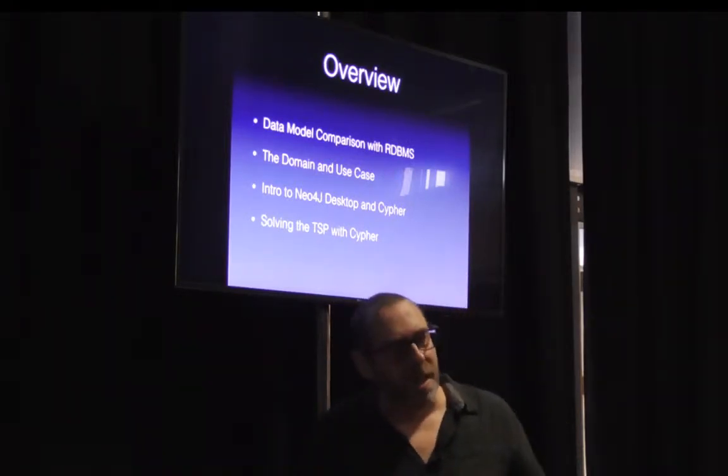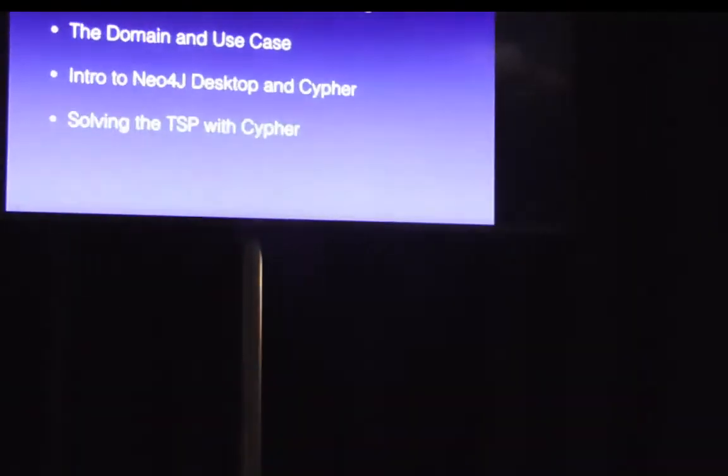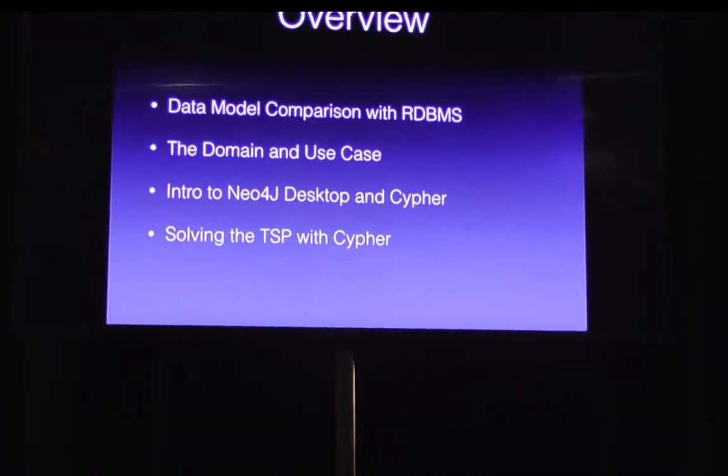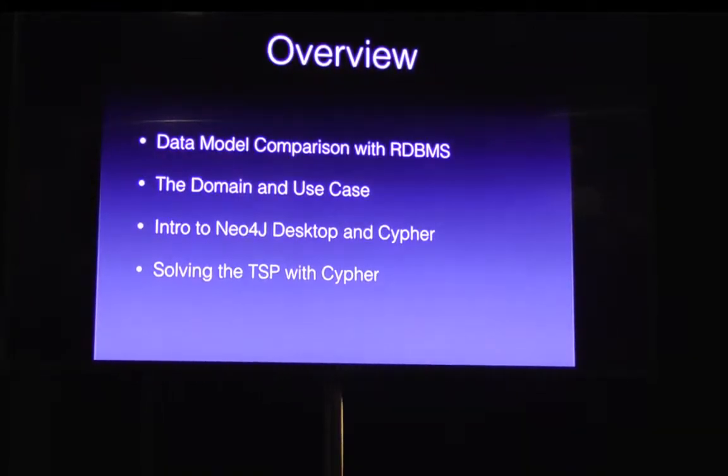I'll talk about the domain that I came up with for the blog post, which was the Bath Christmas Market, and a use case similar to the travelling salesman problem. I'll then give an intro to the Neo4j database, the desktop, the developer tooling that they offer, and a brief introduction to Cypher, which is the query language used by Neo4j. And then we'll have a look at solving a travelling salesman type problem with Cypher.